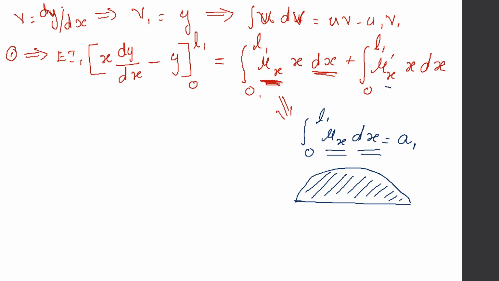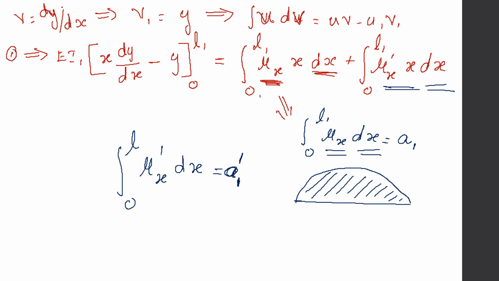Similarly, integration of 0 to L1 mu x dash into dx will be taken as A1 dash, that is in the first span. In the first span, this is the area under the bending moment diagram due to fixing support. That is the meaning of that.